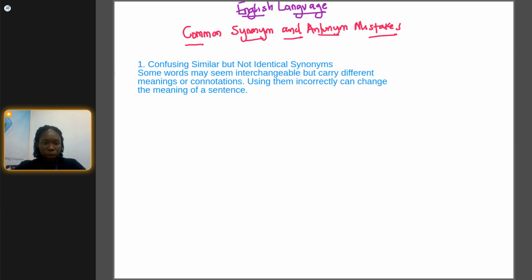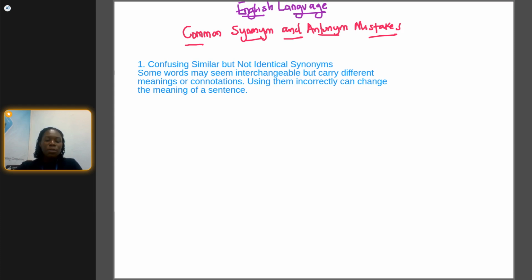We have the example of big versus large. These words are synonymous, right? Of course, the synonym of big can be large, depending on context.